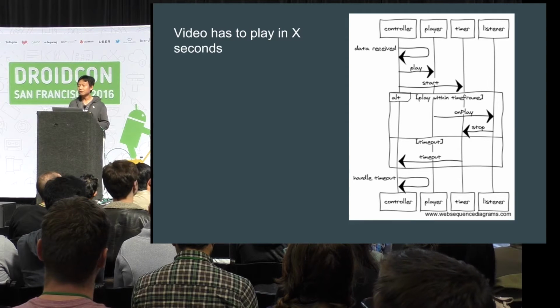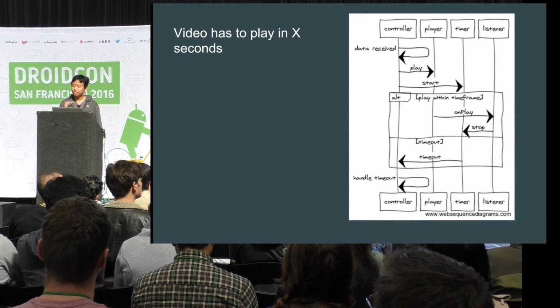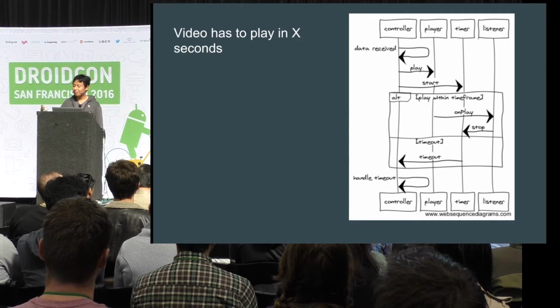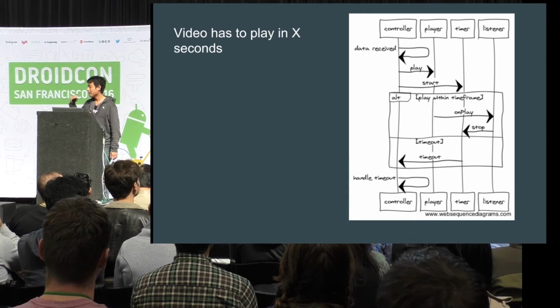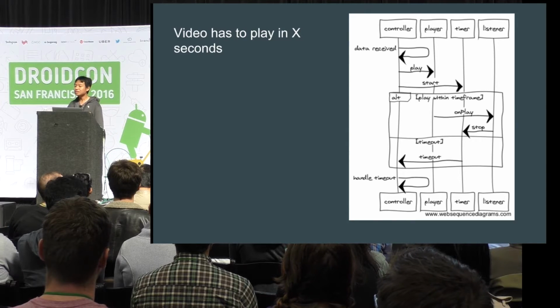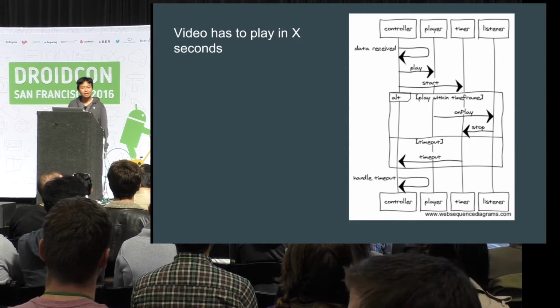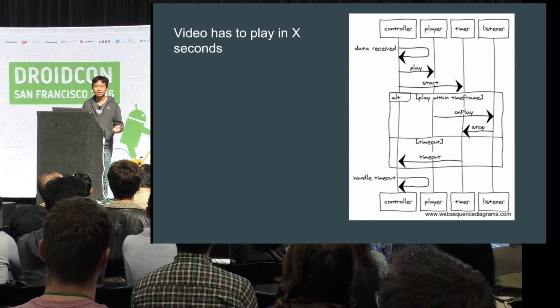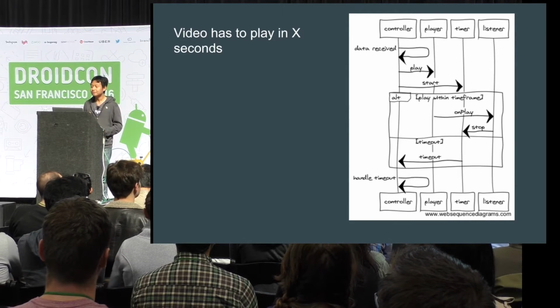So normally, to detect whether the video plays or not, we add a timer. And then after we add the timer, we tell the timer, can you check, if no one tells you that the video is playing after 5 seconds, can you tell the controller or something that the video is not playing?